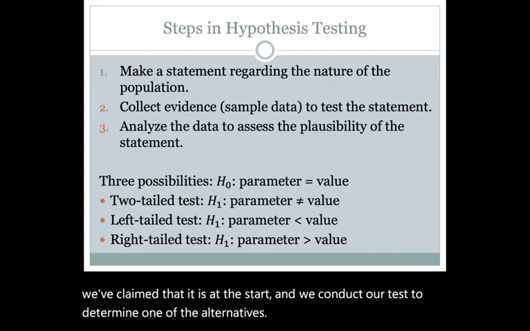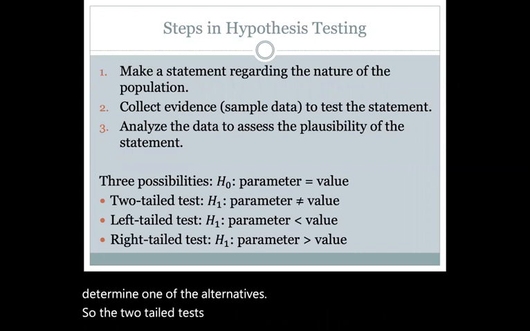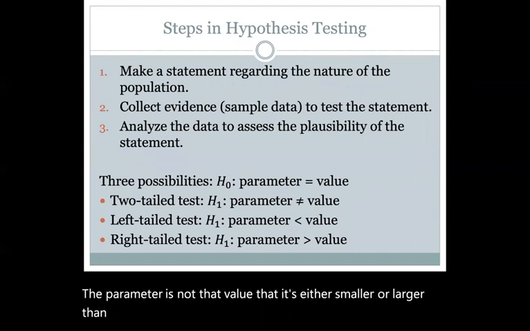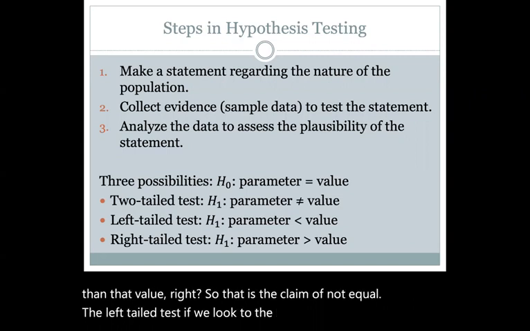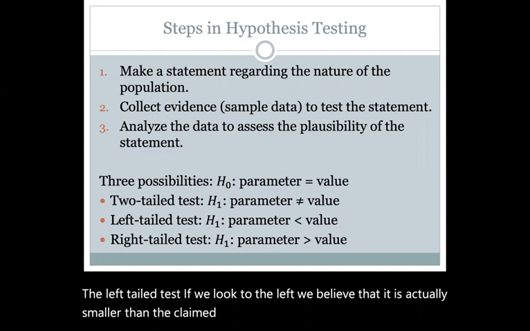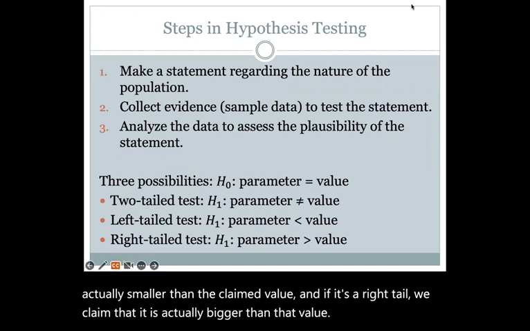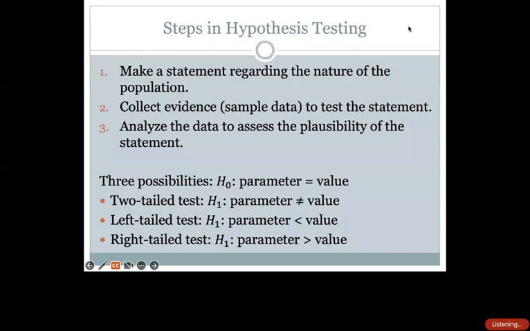The two-tailed test alternative is that the parameter is not that value, that it's either smaller or larger than that value, right? So that is the claim of not equal. The left-tailed test, if we look to the left, we believe that it is actually smaller than the claimed value. And if it's a right tail, we claim that it is actually bigger than that value. So those are the possible tests.